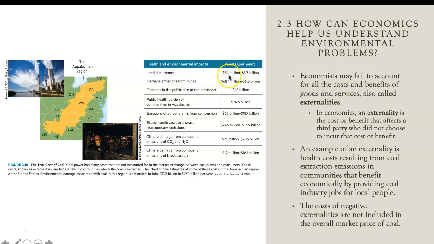Per year, it's 54 million to 3.3 billion. I'm not going to go over all the table, but there's health loss, right? Fatalities, public health problems, emissions, climate change, all those are very expensive. So these are called externalities. This is the negative externalities.